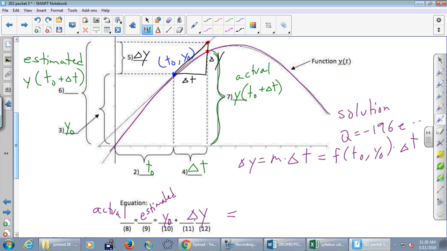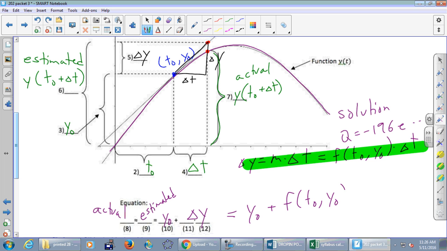And the last piece of this puzzle is that delta y is given by this formula right over here. So all we're doing is changing that delta y according to this f of t0, y0, delta t. So here we go. Y0 plus, and then instead of delta y, this stuff in green, f of t0, y0, delta t.